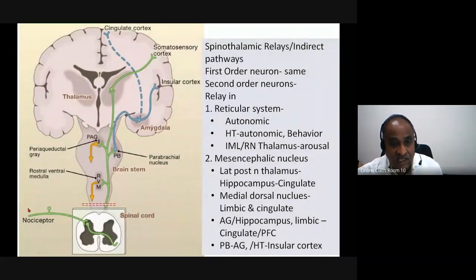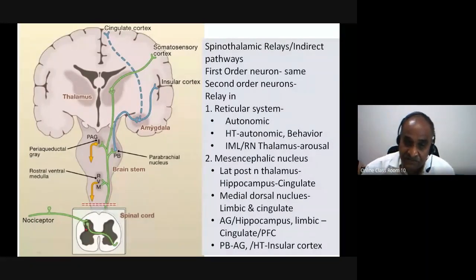So this is the sensation coming up here, comes to and relays in layer 5, and then ascends as the spinothalamic tract. You can see that this green one is the spinothalamic tract, and it gives a collateral here to the rostroventral medulla, the reticular system.